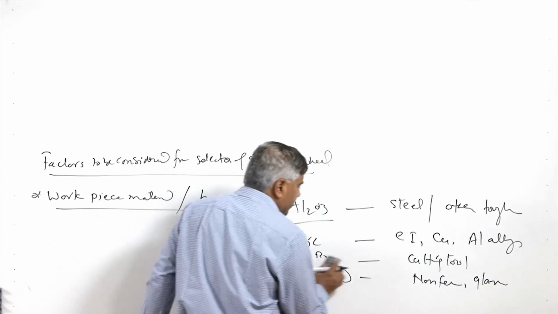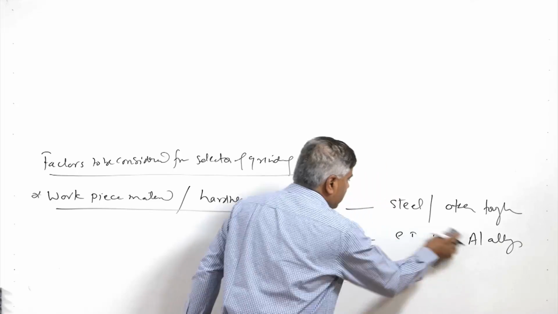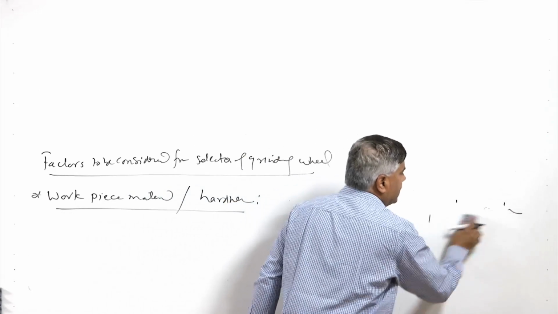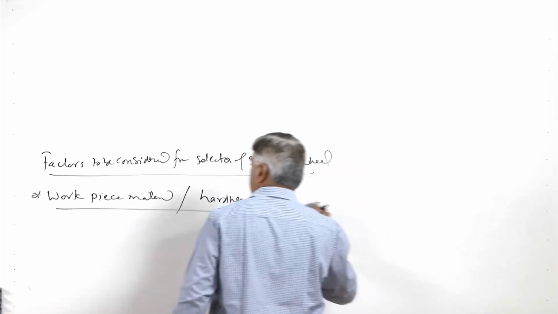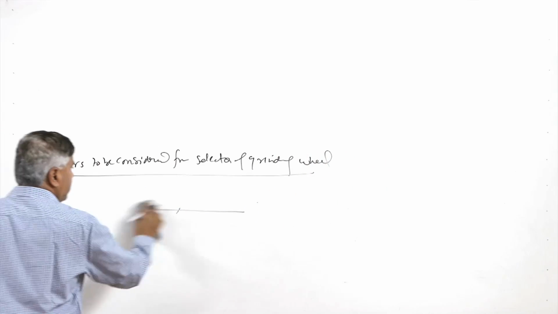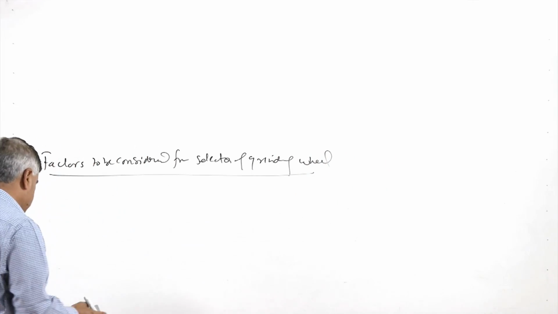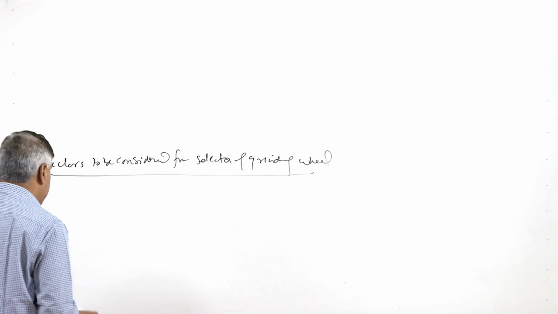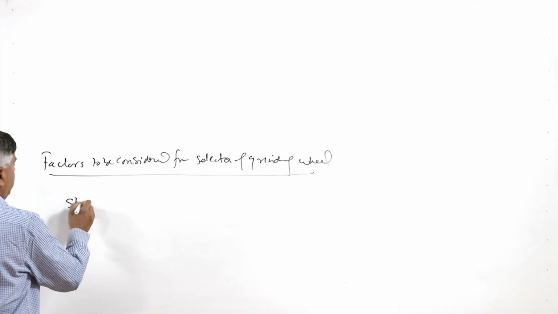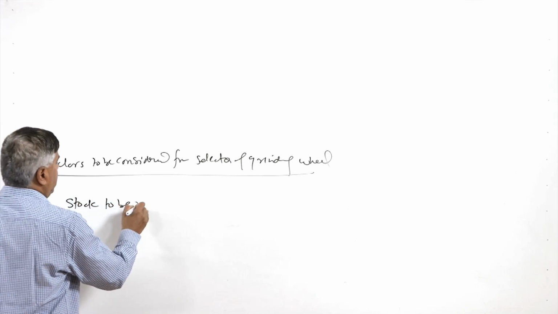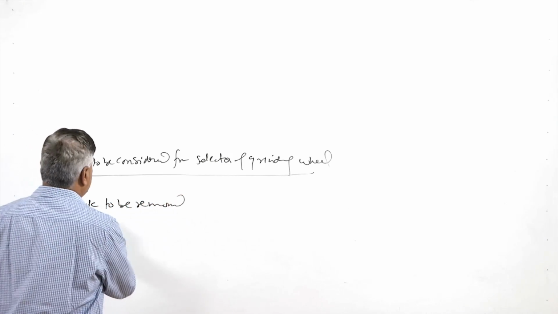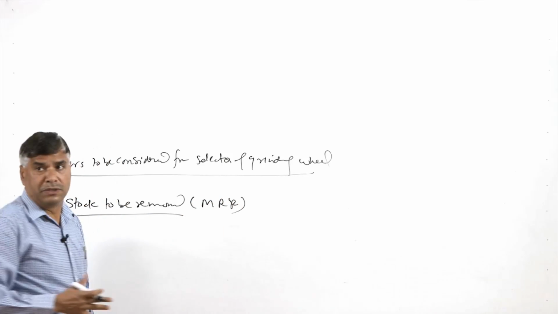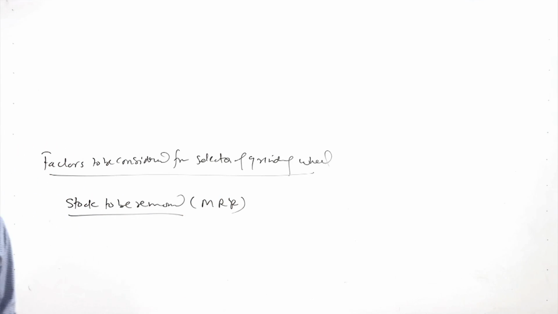So, depending upon the kind of workpiece material, we need to select suitable characteristics of the grinding wheel, especially grit size, grade and the abrasives. Apart from the workpiece material, there are other characteristics also, like the stock to be removed. This is about the metal removal rate, or the volume of material to be removed from the workpiece.